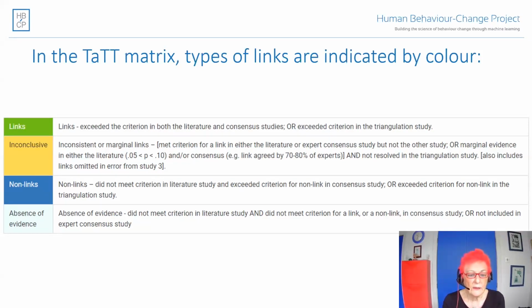The non-links did not meet criterion in the literature study and exceeded the criterion for a non-link in the consensus study, or they exceeded the criterion for a non-link in the triangulation study. Absence of evidence was where they didn't meet the criteria in the literature study, did not meet the criteria for a link or a non-link in the consensus study, and were not included in the expert consensus study.